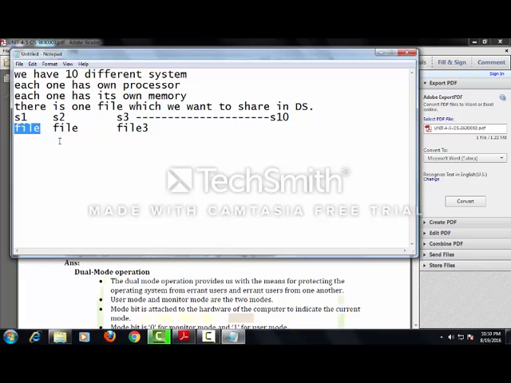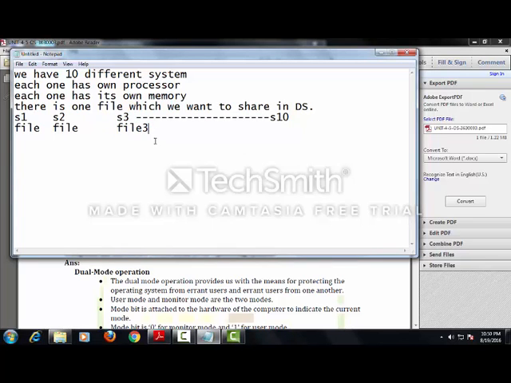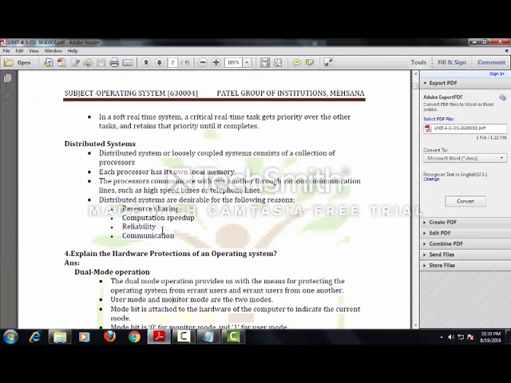So this is reliable. If any one of the distributed systems is damaged or crashes, it will not affect the other servers in the distributed system, right? So we can access our file from other servers. It is possible. That is why it is reliable.